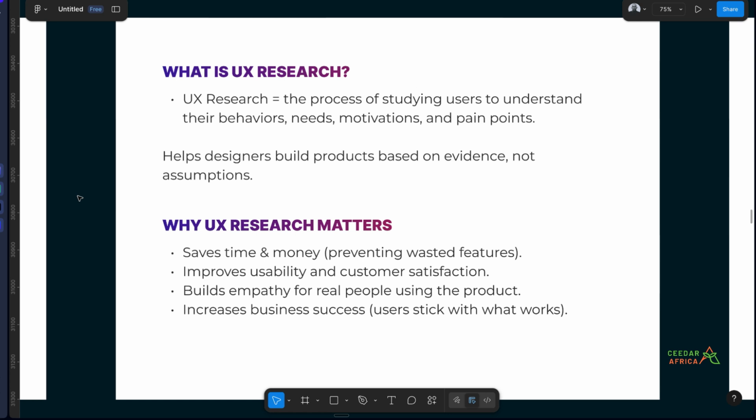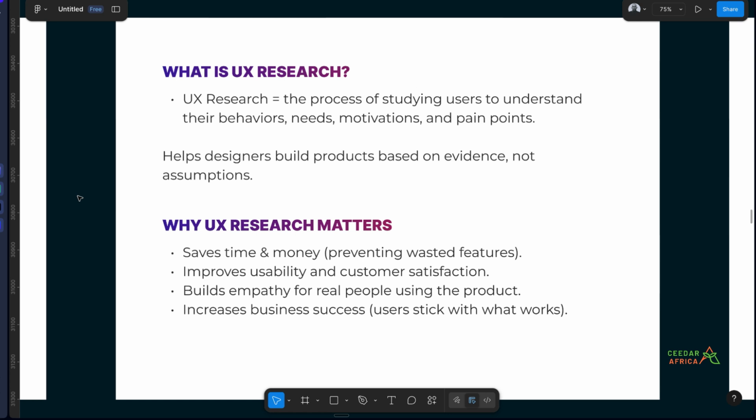Number two, it improves usability and customer satisfaction, of course. Your research will help you build a product that is usable, simple, not complex. Why? Because the product is designed specifically for those users.